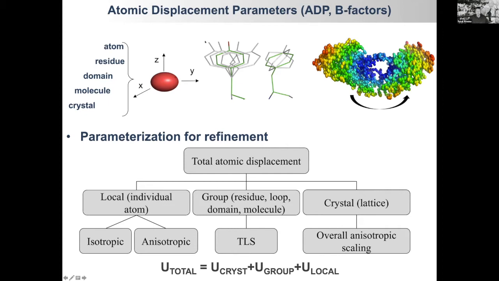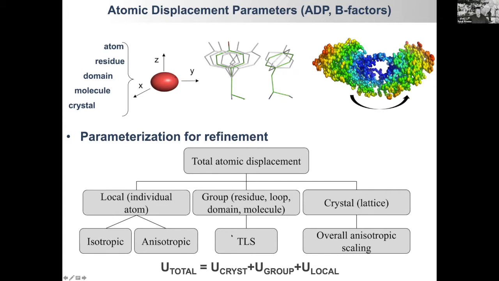We can model in refinement local atomic vibrations, which can be isotropic or anisotropic. And we can assume that the atom belongs to a bigger group that moves on its own as a rigid body. And that is called TLS. And that's what goes to the total B factor.